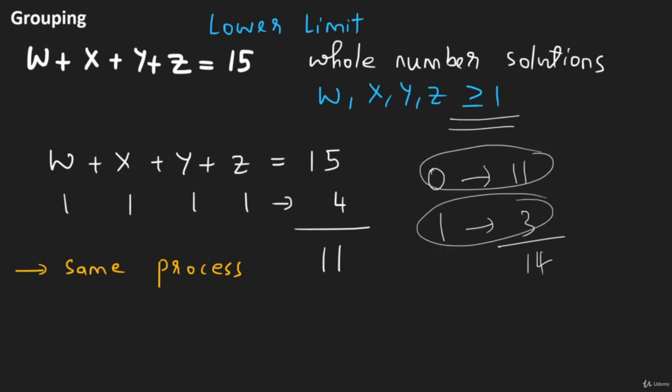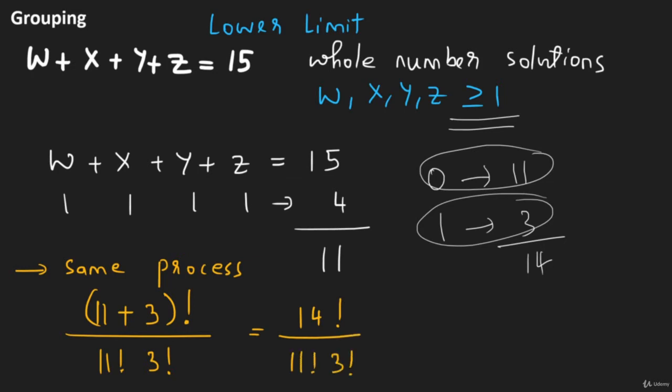So this can be arranged in (11 plus 3) factorial by 11 factorial into 3 factorial. That is 14 factorial by 11 factorial into 3 factorial.